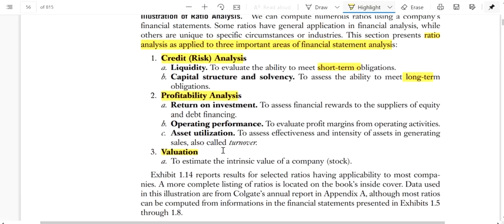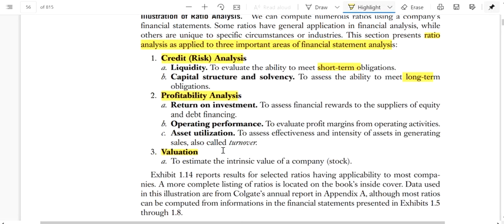And then profitability analysis, kita akan kira 3 ni: return on investment, operating performance, asset utilization. So return on investment ni ROI lah. Okay, I akan cakap ROI. ROI ni is to assess financial rewards to the suppliers of equity and debt financing. Operating performance is to evaluate profit margins from operating activities. Okay, operating activities tu kita ada dalam cash flow.